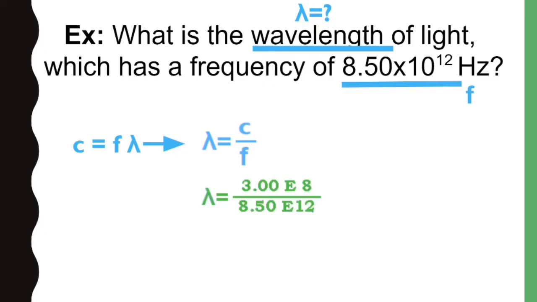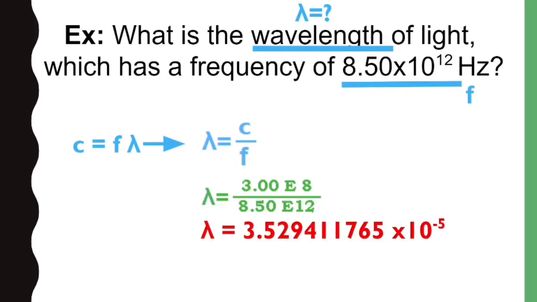So we plug in that same exact C value, 3.00 times 10 to the 8th, or 3.00 E8 in our calculator, divided by that 8.50 E12 that was given to us in the problem. And when we do that, this answer comes out of our calculator. We'd round that to 3 sig figs because our given had 3 sig figs.